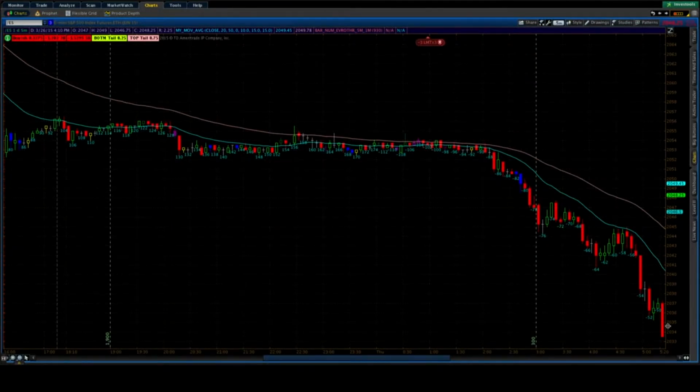Now, if I was here, I would be a very aggressive trader and just buy this bar. A more conservative trader would say, you know what, this is a very strong bear trend. I know there's a very good chance that this is a support level right here.